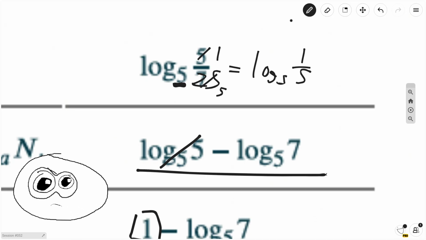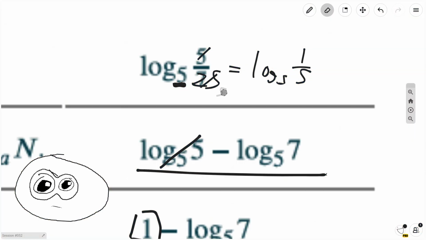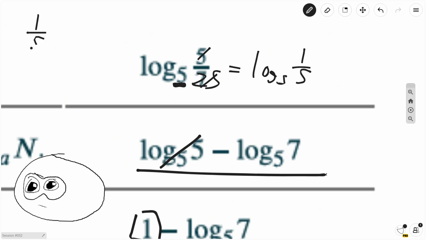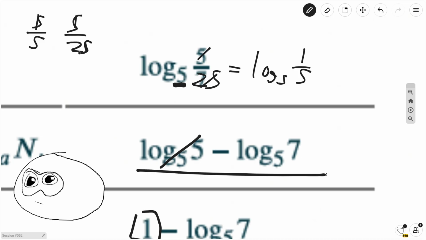The reason why that works is, again, sorry, I can't really be jumping ahead like that. Let's see. 5 over 25. No, it'd be like this.